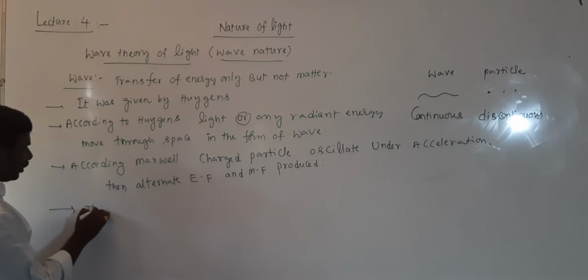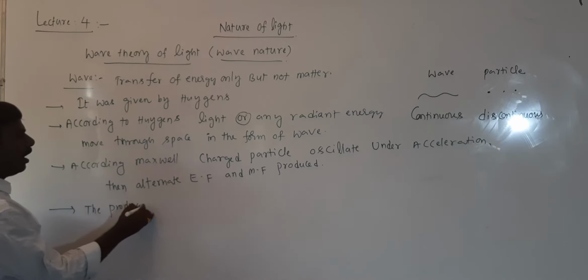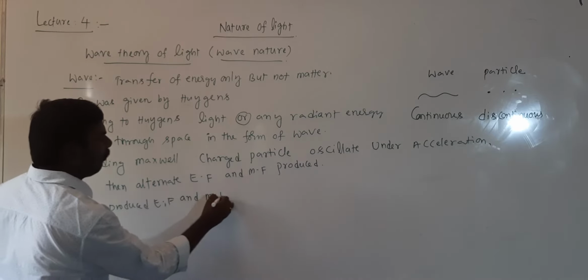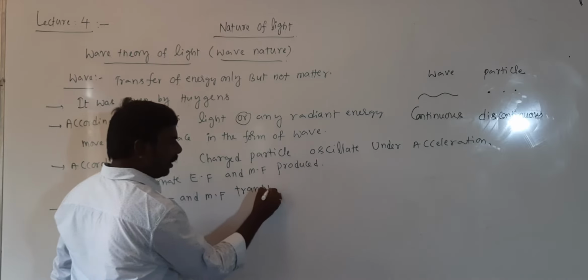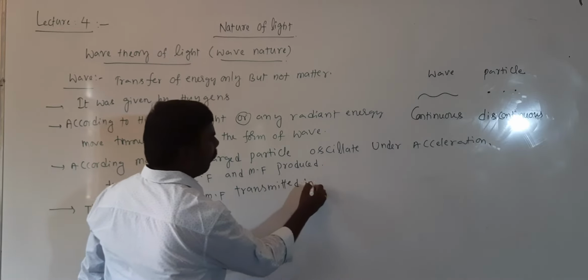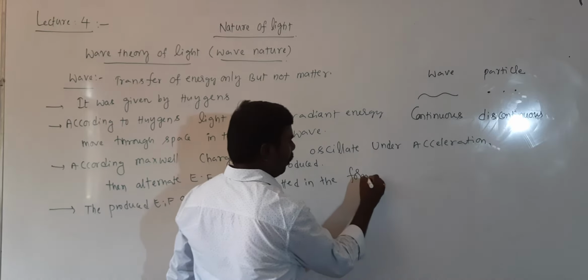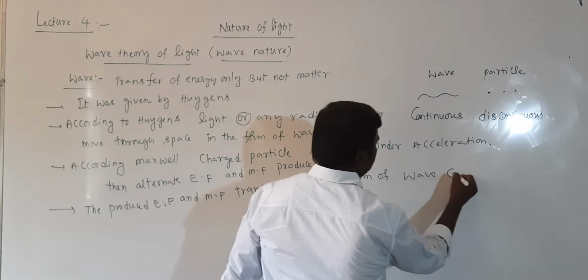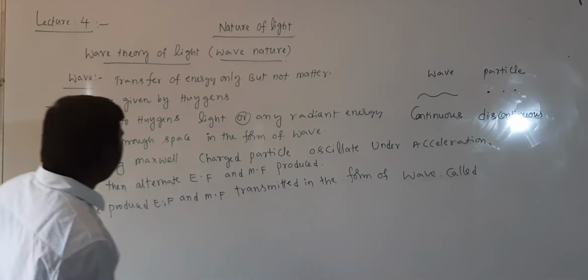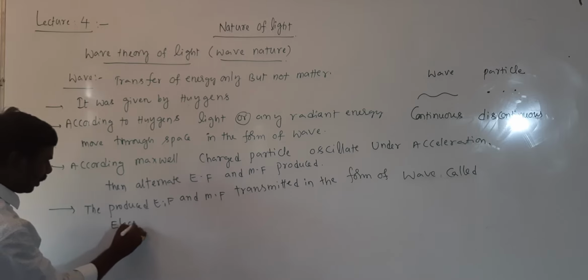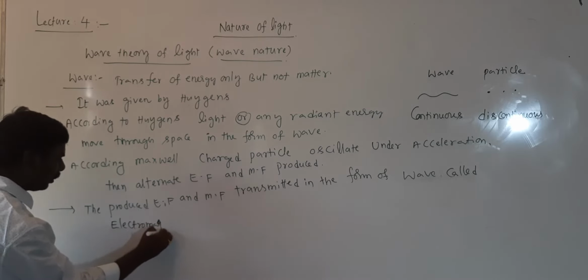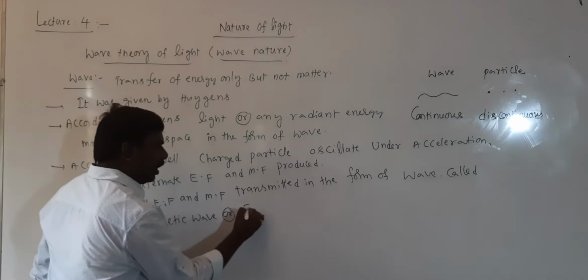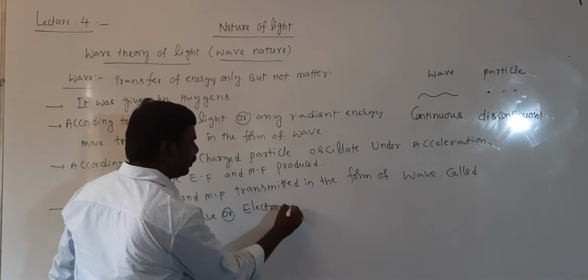The produced electric field and magnetic field are transmitted in the form of wave, called electromagnetic wave or electromagnetic radiation.